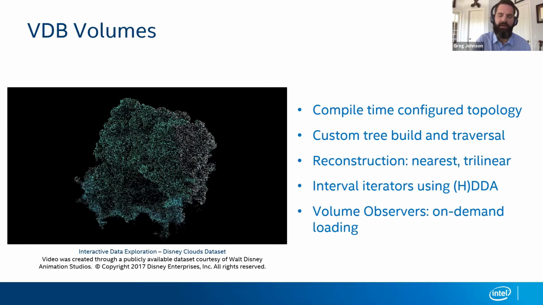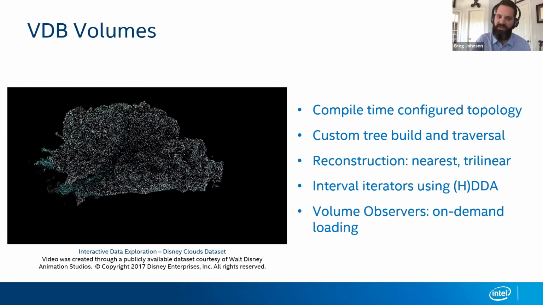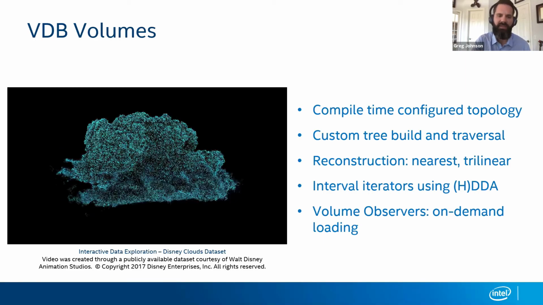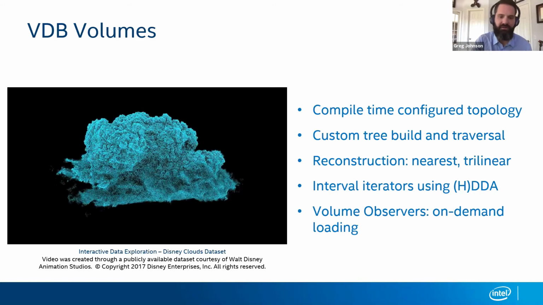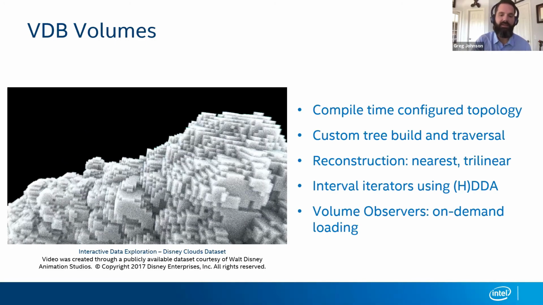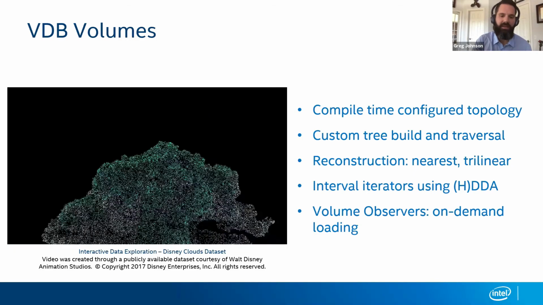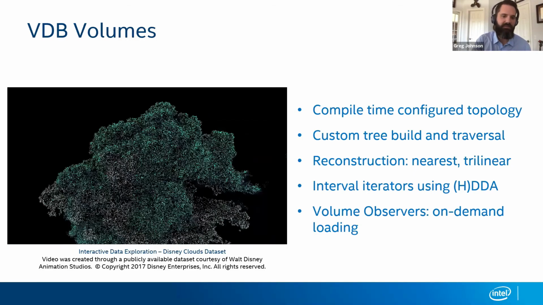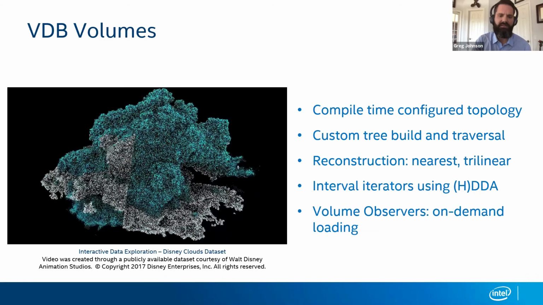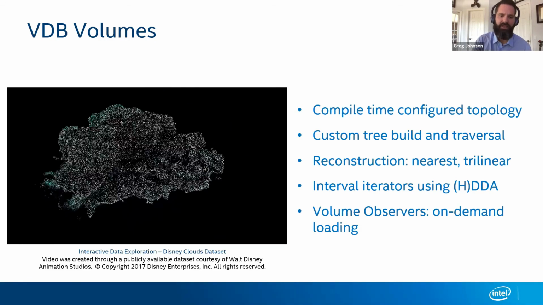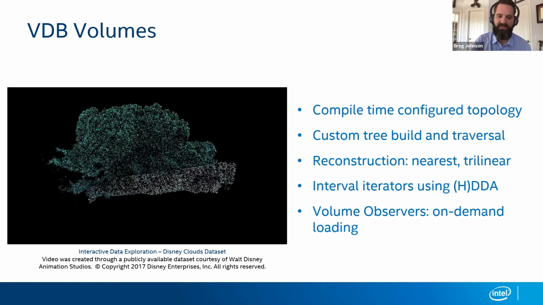And then we have a hierarchical DDA implementation, which we use in interval iterators, which I'll talk about shortly. The animation you're seeing here is an example of VKL's volume observers. Volume observers are a flexible component of the API that allow volumes to essentially communicate arbitrary metadata about their usage and statistics and so forth.